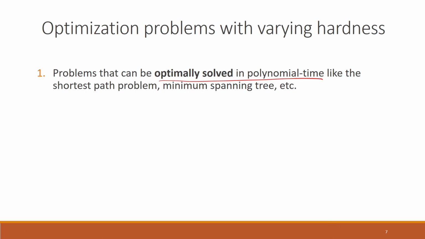For the shortest path problem, we introduced Dijkstra's algorithm, which is a polynomial time algorithm, and it is guaranteed to give you the optimal solution for all the instances of the problem. Similarly, for the minimum spanning tree problem, we introduced Kruskal's algorithm and Prim's algorithm. Both of them are guaranteed to give you the optimal solution for all the instances of the problem, and those algorithms are also polynomial time.